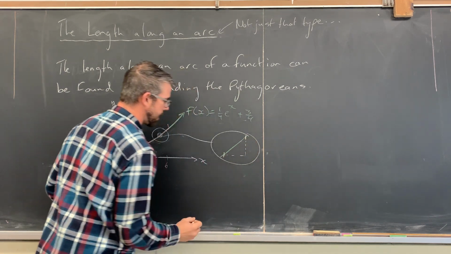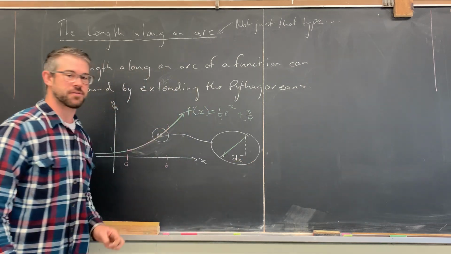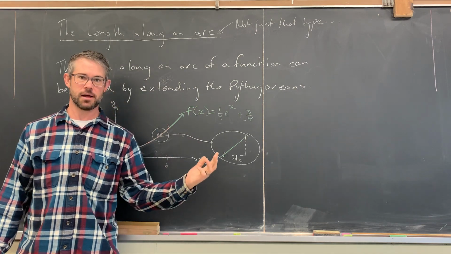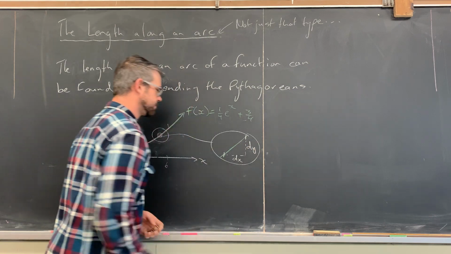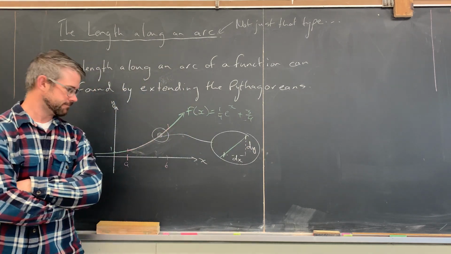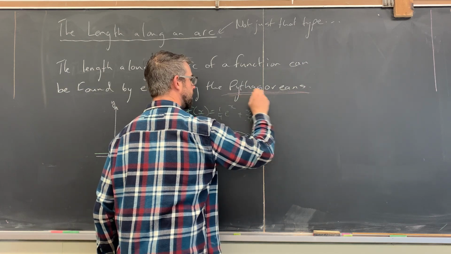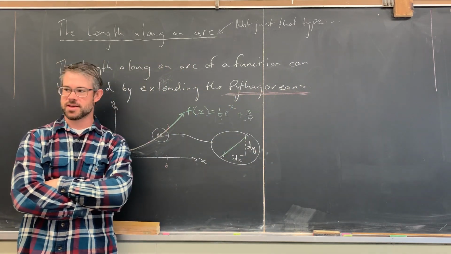now you can see where the Pythagoreans are coming in. This is the measure dx for that very small change in x. Of course, what's the vertical measure going to be? Well, that's simply going to be dy. I wonder how I'm going to be able to use this somehow.